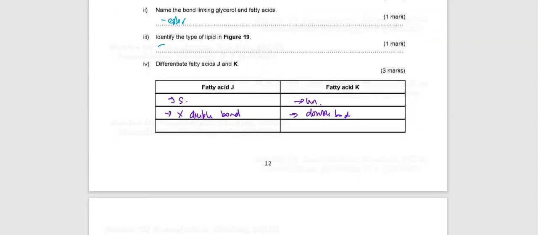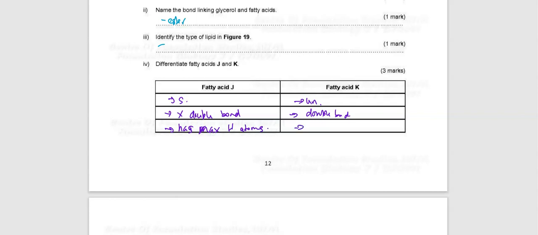And then the next difference is that for fatty acid J, because it is saturated, all the carbons are already bonded to the maximum number of hydrogen atoms. So you can write: has maximum number of hydrogen atoms.